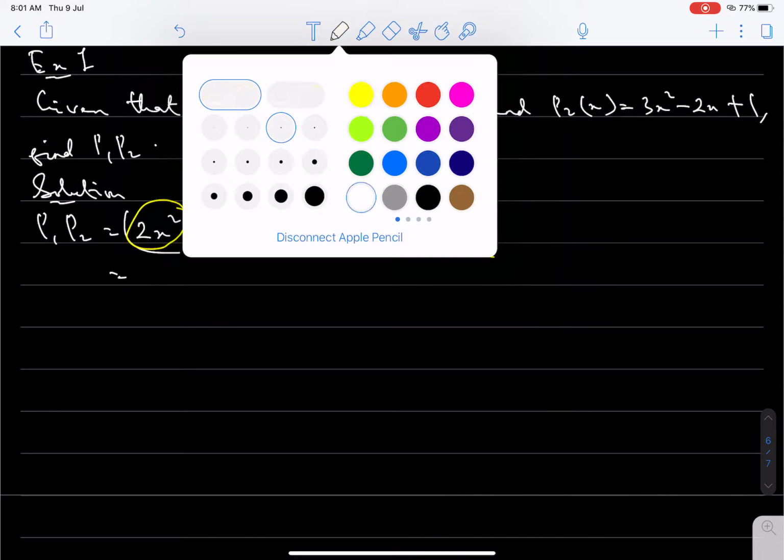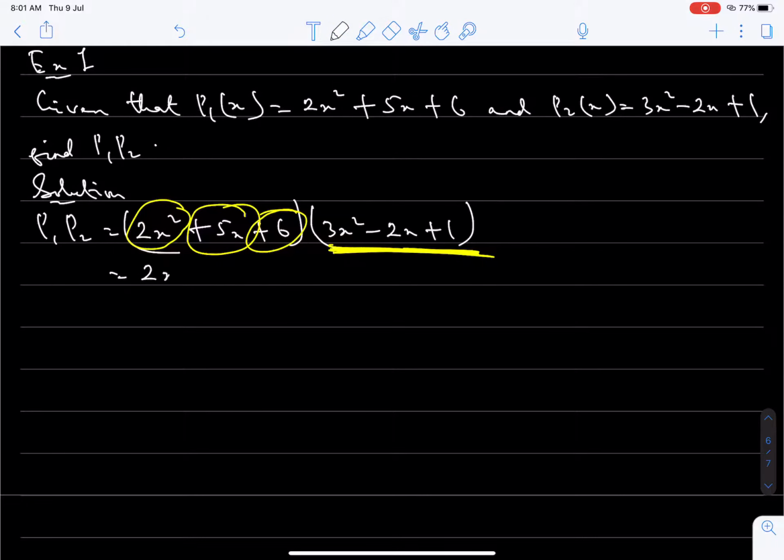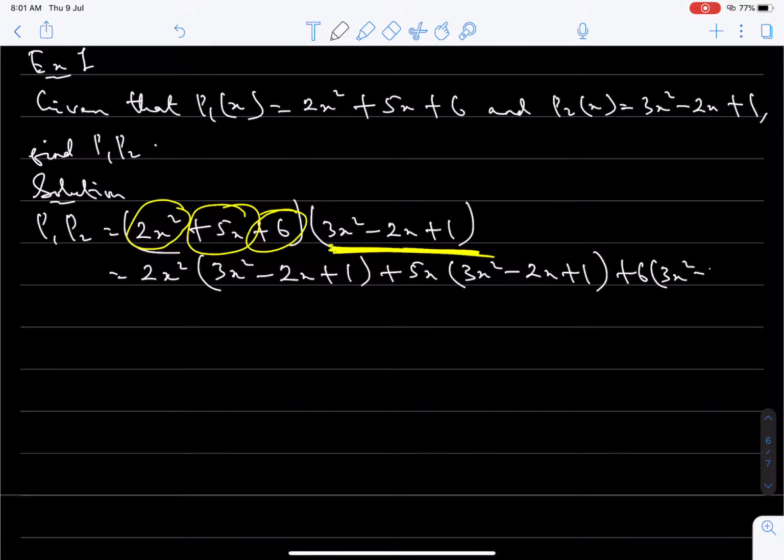So that's going to be 2x squared times 3x squared minus 2x plus 1, plus 5x times 3x squared minus 2x plus 1, and then plus 6 times 3x squared minus 2x plus 1.